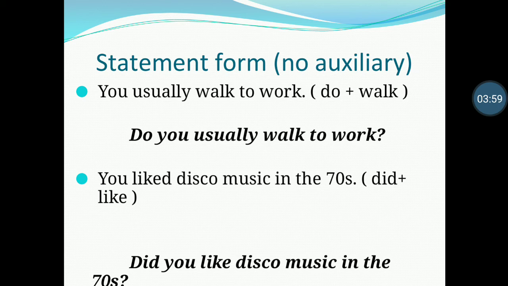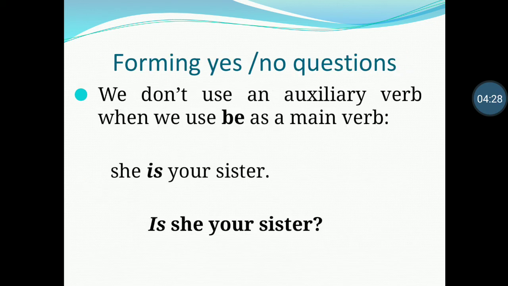If we split the main verb walk, we get do plus walk. So we can easily frame a yes or no question. For example, do you usually walk to work? Like that we can frame a yes or no question if there are no helping verbs.